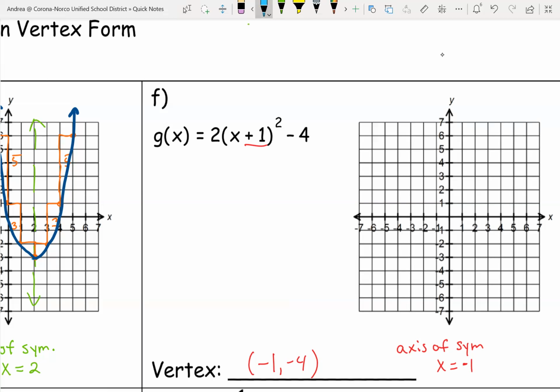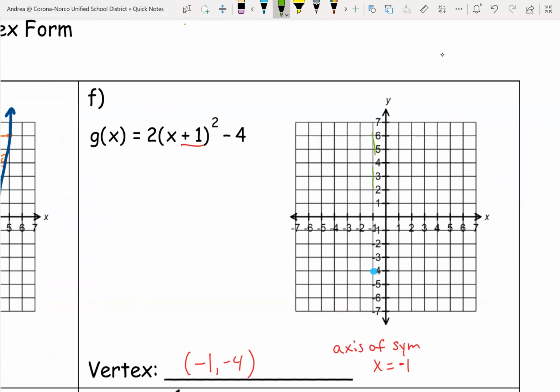So I'm going to go where x is -1 and y is -4, which is right here. My axis of symmetry is going to go right through the center there at -1. X equals -1.